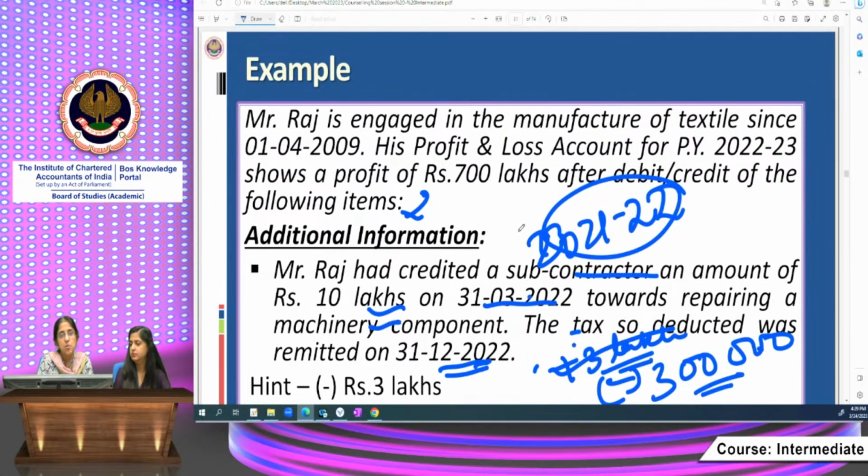Anything else you want to know in PGBP? Otherwise, can we proceed to capital gains? Manoj, Uma, Piyush, Pavan, Mahesh, we hope PGBP is clear to you now.